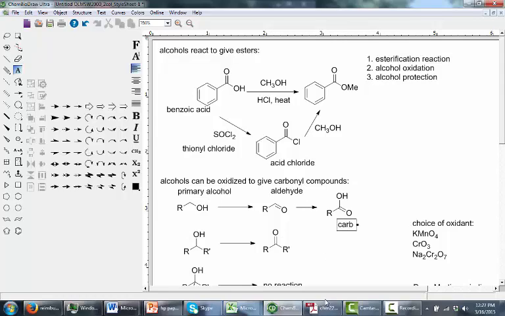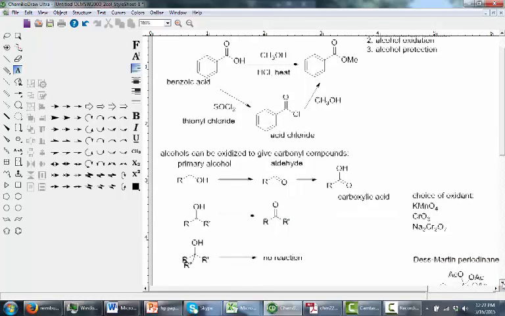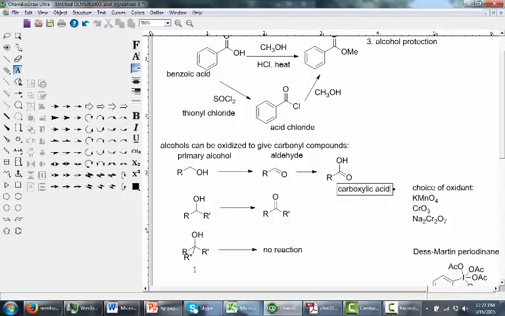Secondary alcohol, which is the second line here, can oxidize up to a ketone if I oxidize it. And the third line, this tertiary alcohol, so again, if I have an alcohol that has 3 different substituents attached to it, and I try to oxidize that, in that case I'm going to get no reaction.